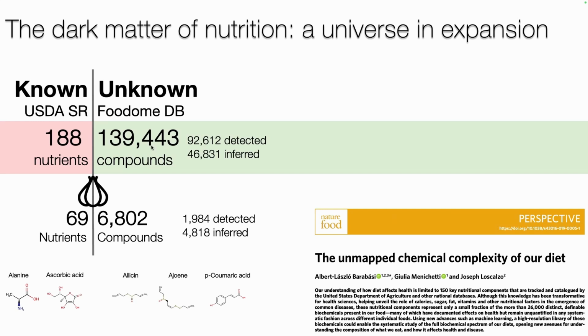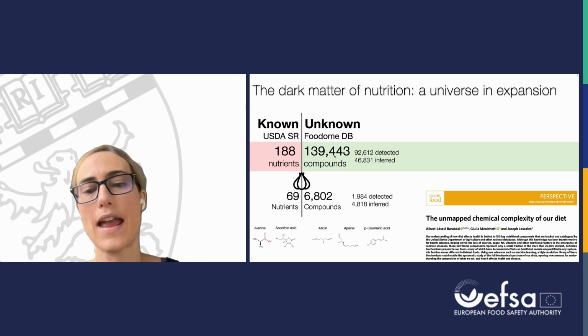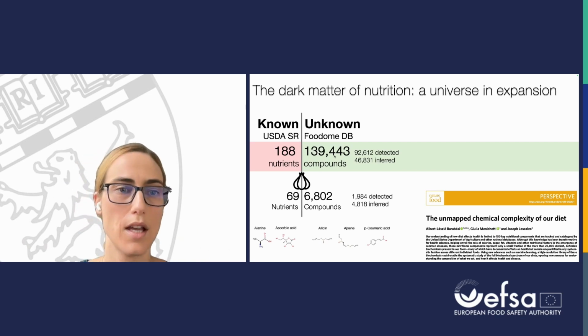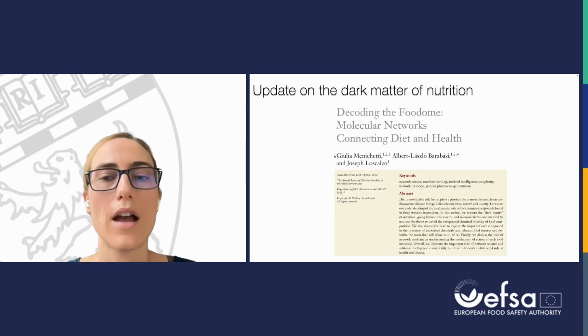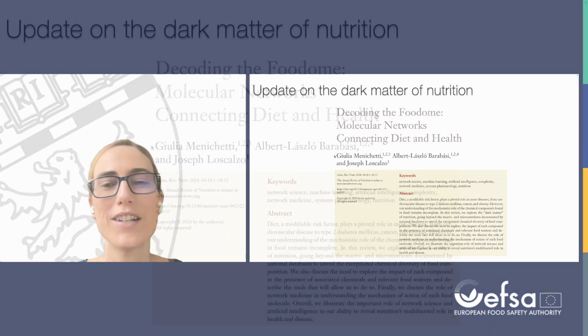So these are just 3 bioactive compounds of the more than 6,000 molecules that we have documented in raw garlic, many of which are secondary metabolites of plants, acting as the plant chemical defense against stressors such as predators and also extreme weather conditions. The 2024 update of the FoodOn Project has been recently published in the Annual Review of Nutrition.